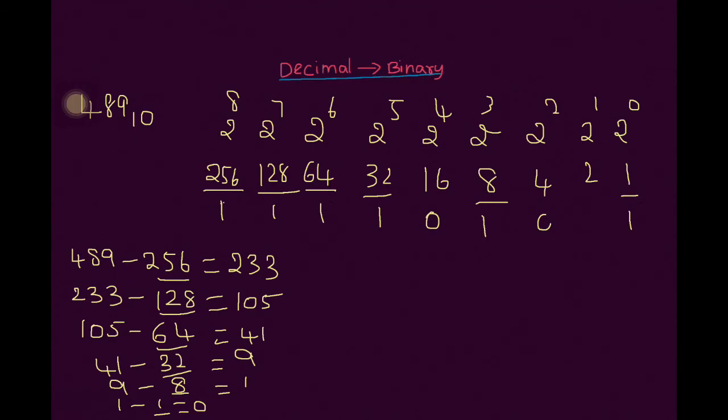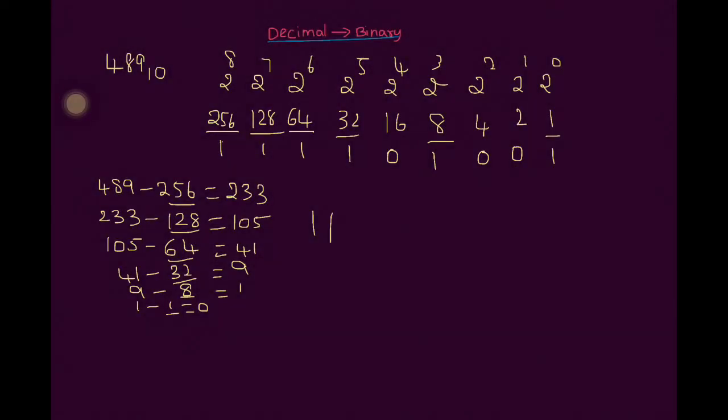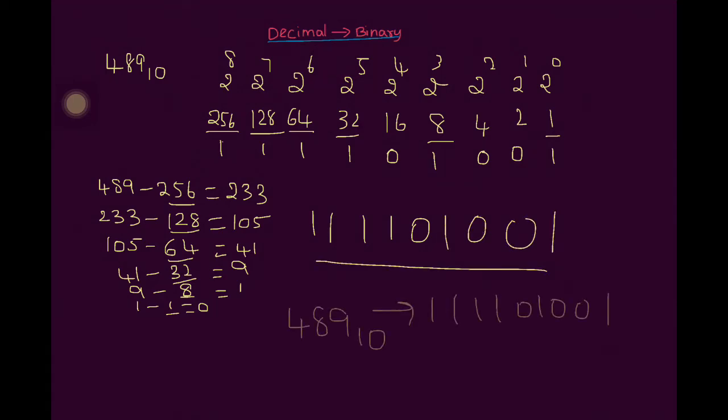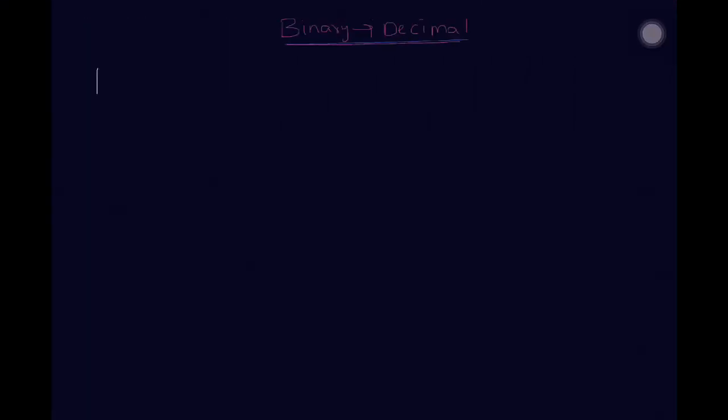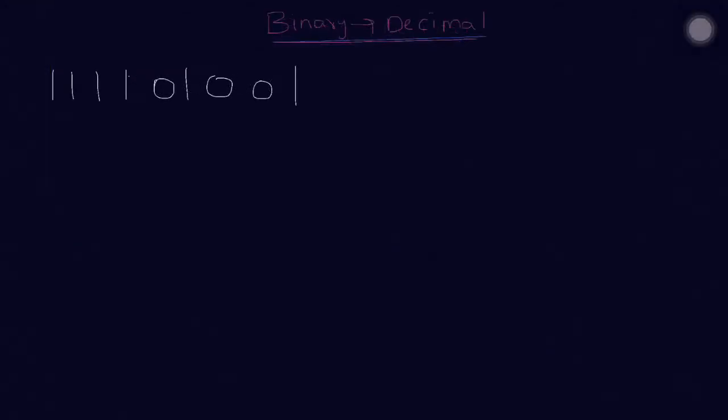We don't need the other values. So we get 1, 1, 1, 1, 0, 1, 0, 0, 1. This is the binary code. This is the method to convert from decimal to binary.